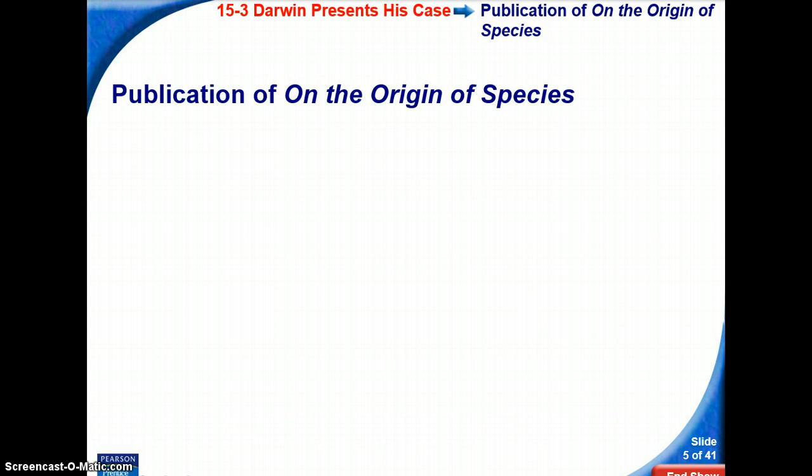So when Darwin came back from his 5-year trip on the HMS Beagle, he had a lot of information, a lot of ideas, a lot of questions, and he calculated a few theories. He also started to put together all of this information into a book. And the book was called On the Origin of Species.